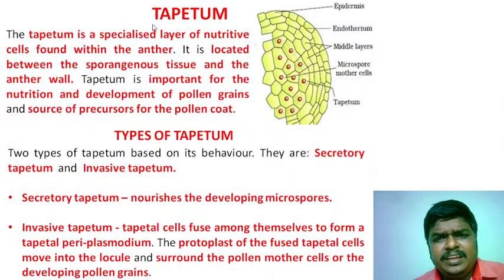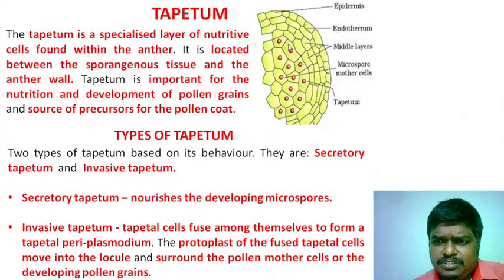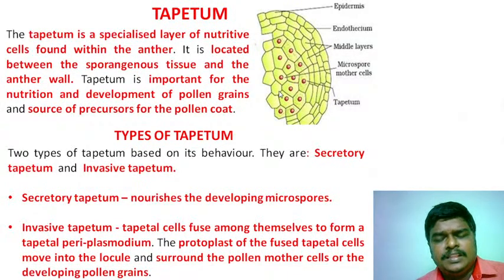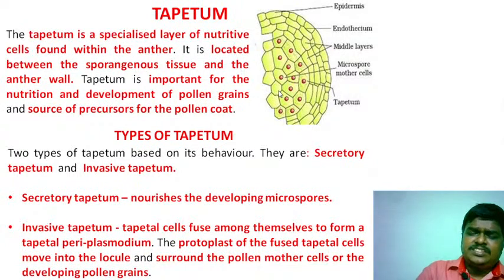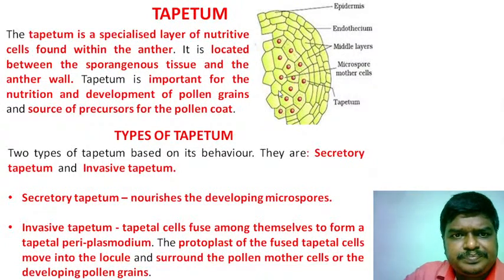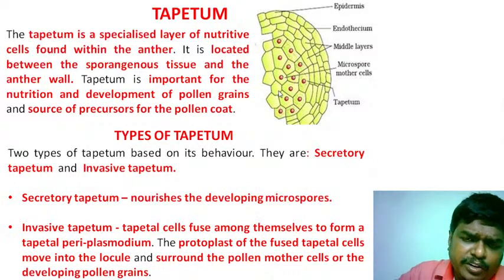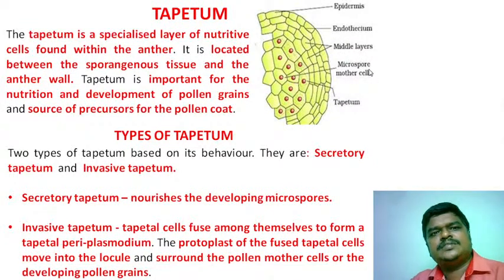Whereas mainly the tapetum is the layer that surrounds the sporogenous cells. The tapetum is a specialized layer of nutritive cells that surrounds the microspore mother cells.